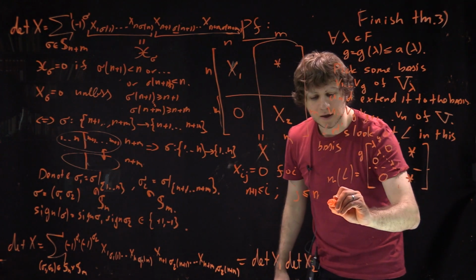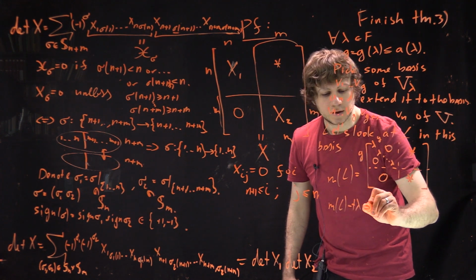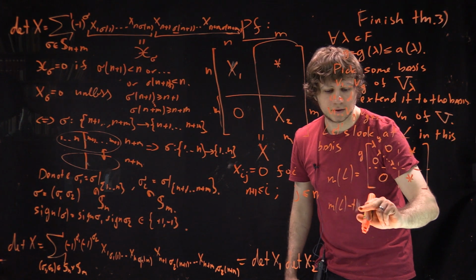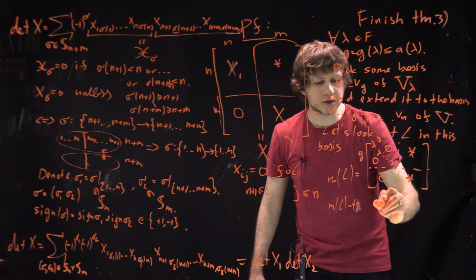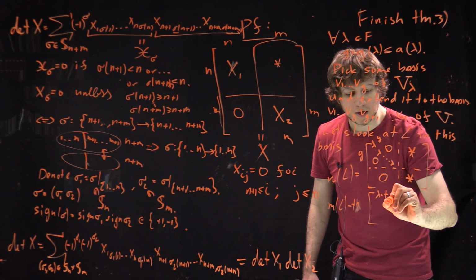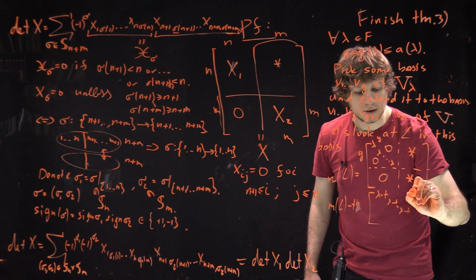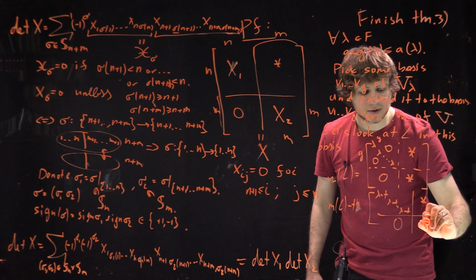And so if we take the matrix of L minus t times 1, the one which appears in the characteristic polynomial case, we will see here lambda minus t, something, 0, something.